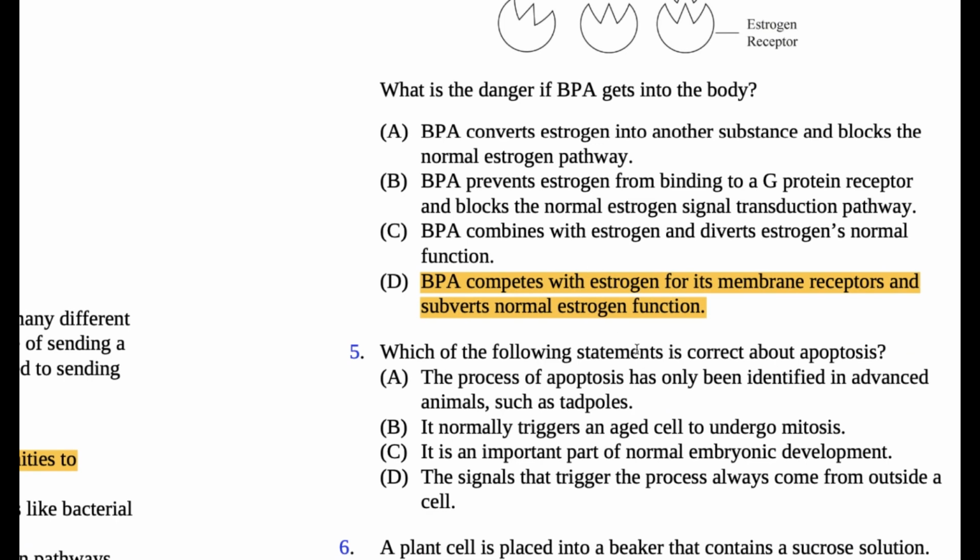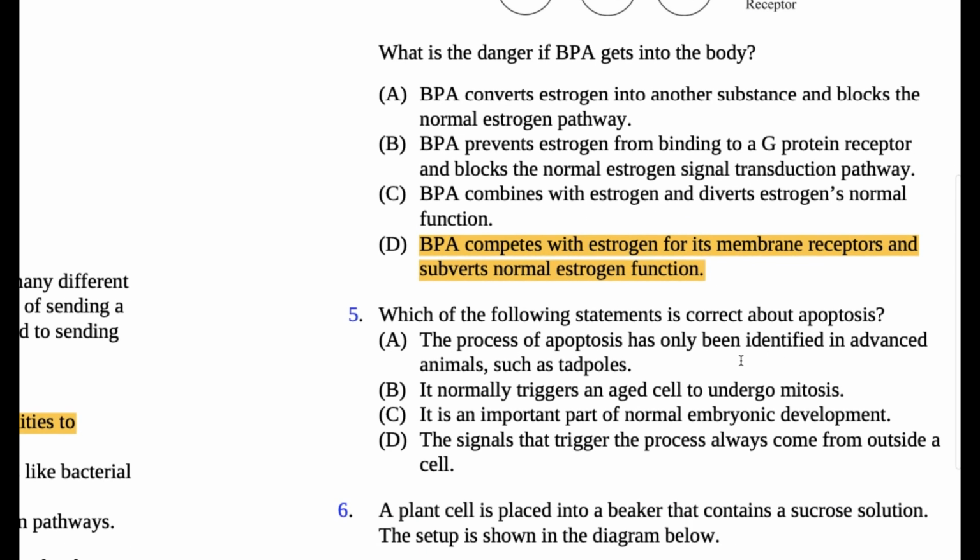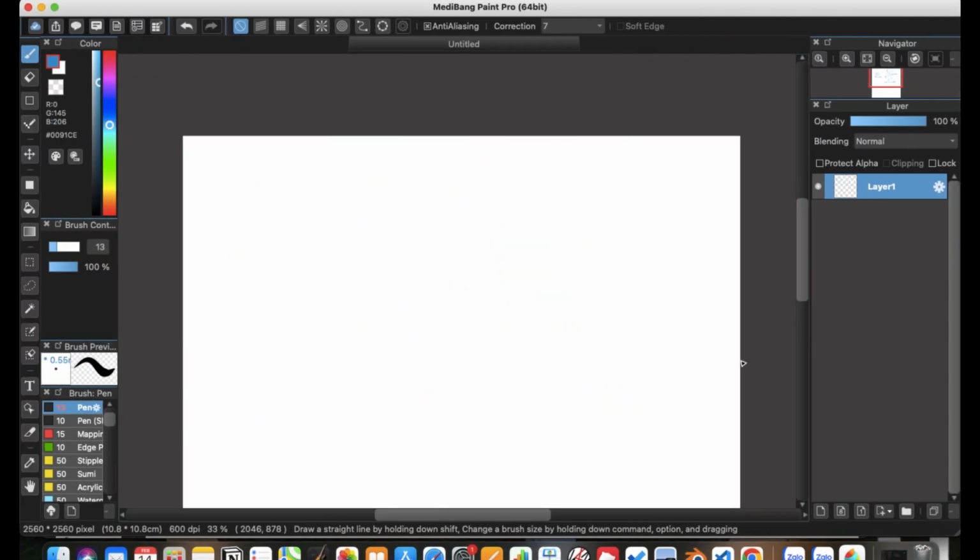Which of the following statements is correct about apoptosis? So first, what is apoptosis?